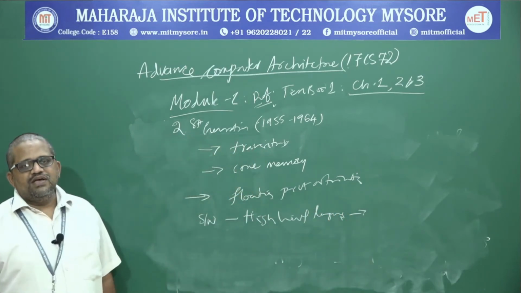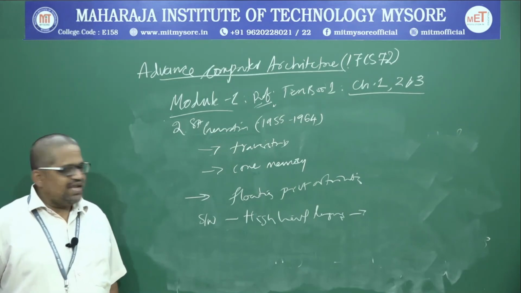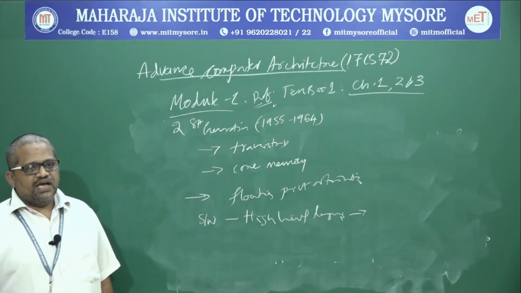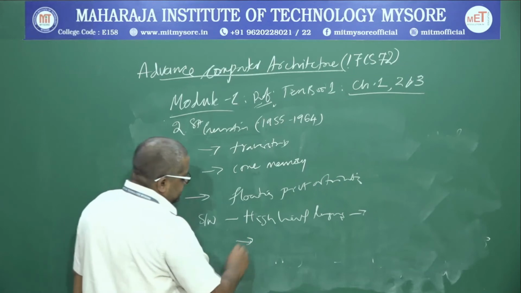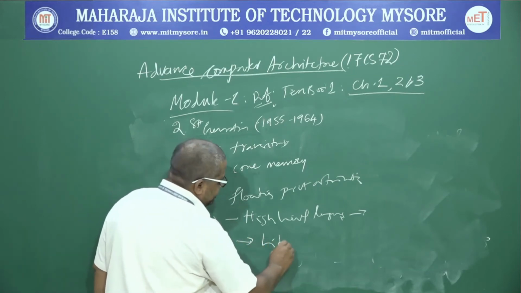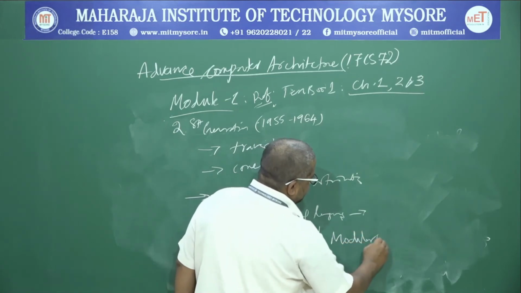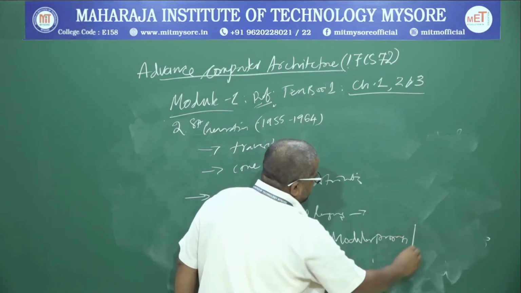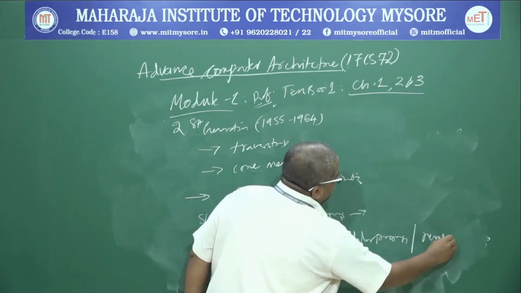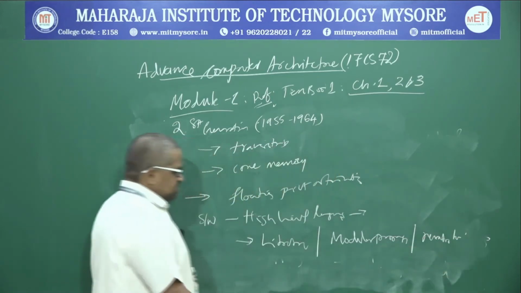People started to move from assembly language to high level language in the second generation, and then they introduced the concept of libraries or modular programming, or I would say reusability concepts were introduced.